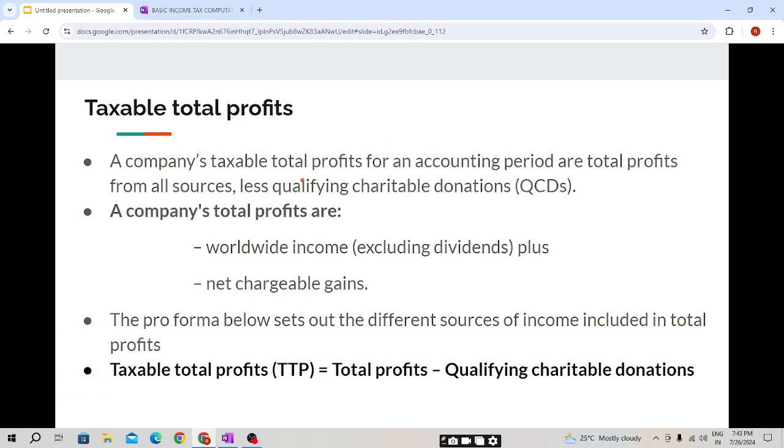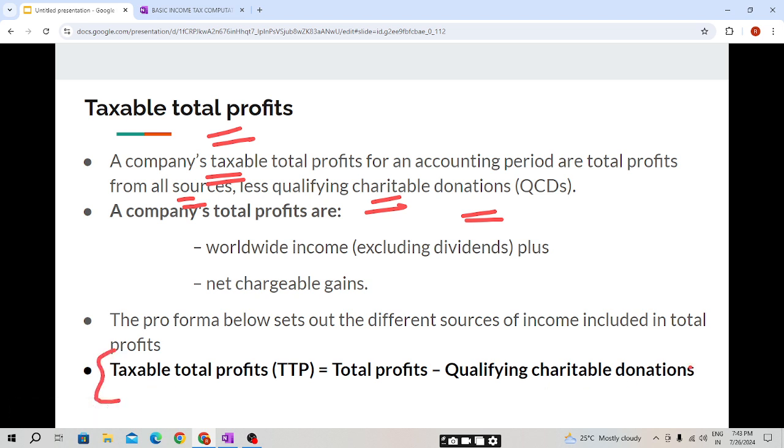A company's taxable total profit for an accounting period is total profits from all sources less qualifying charitable donations. So the company's taxable total profit will be total profit from all the sources like trading, interest income, miscellaneous income, property income, capital gain income, etc., less qualifying charitable donations. This will give rise to the taxable total profit.